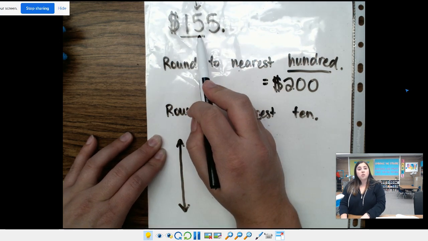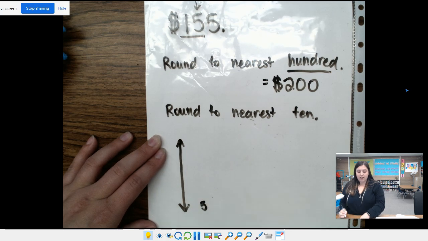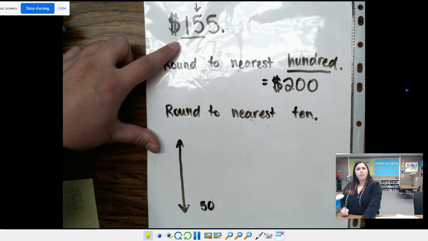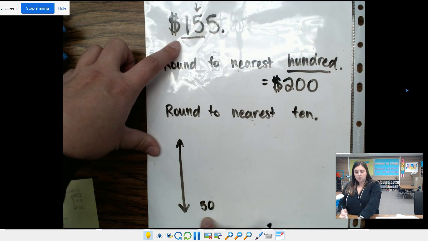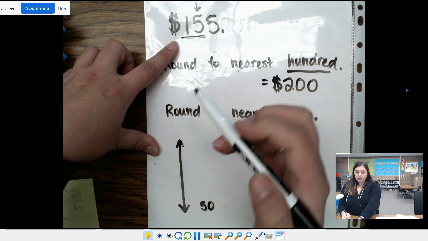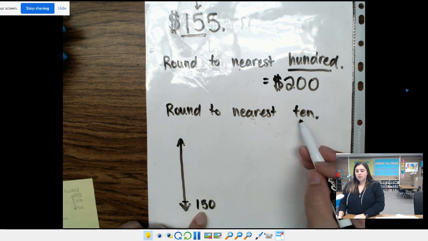how many tens do I have? I could say I have 5 tens, which would be 50, but I can't round this number, 155, and say it's close to 50. That doesn't make sense. So I underline both of these. It's going to be 150. So that's going to be my bottom of the number line. So I'm rounding to the nearest tens.